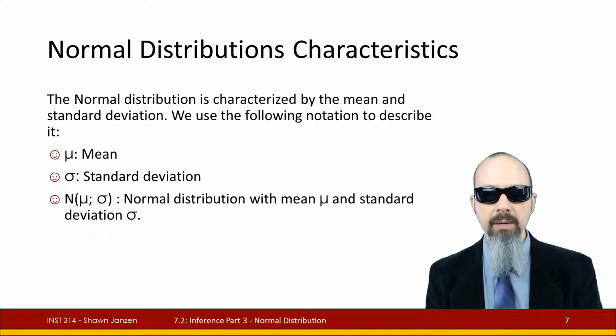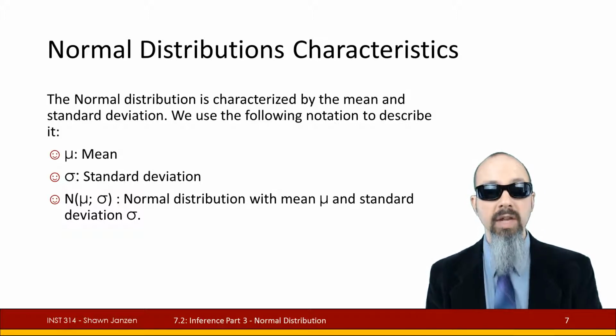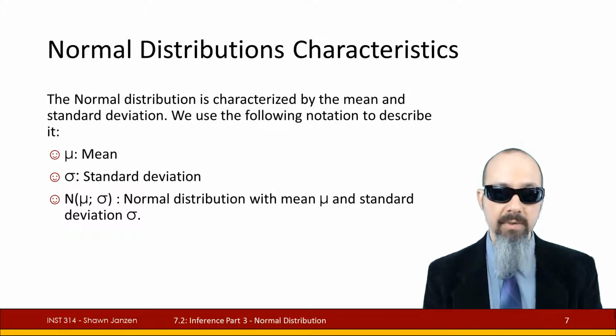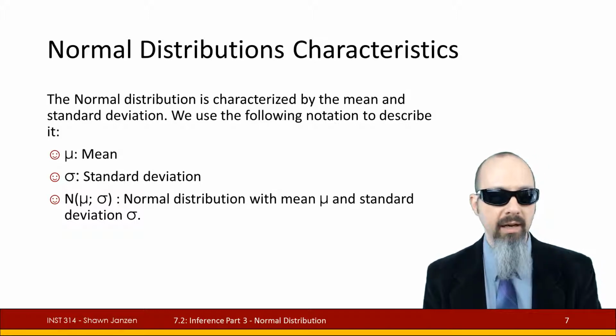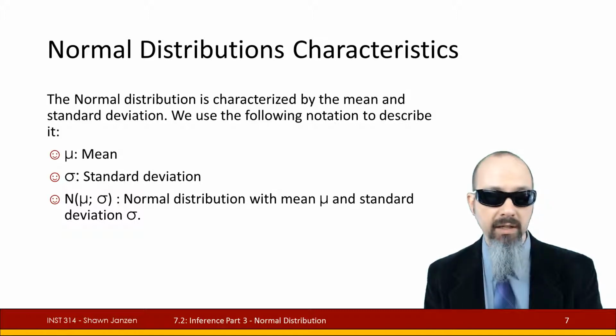Now let's talk a little bit about the characteristics of normal distributions. We talk about them in terms of means and standard deviations, and I want to introduce you to a few notation values here. If I ever say put something in symbol form, these are some of the symbols that I'm going to be referring to. The mean is characterized by the Greek letter mu, which looks like a U with a little tail hanging off the front. Standard deviation is characterized by the Greek letter sigma, which looks like an O with a little tail hanging off the top, almost like a little hat.